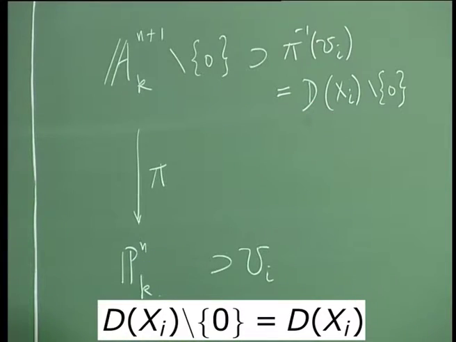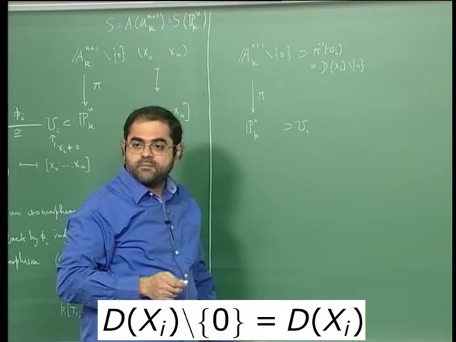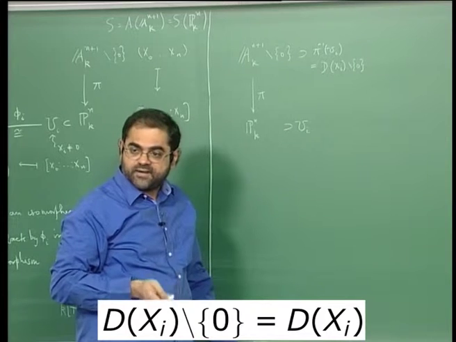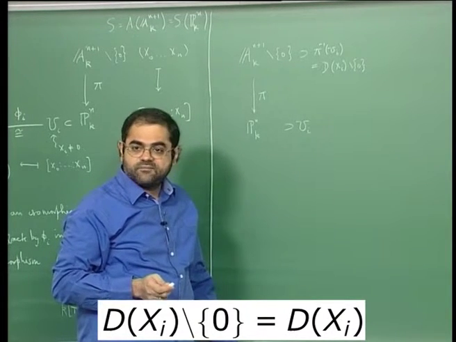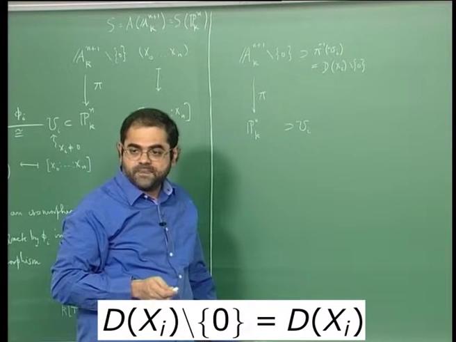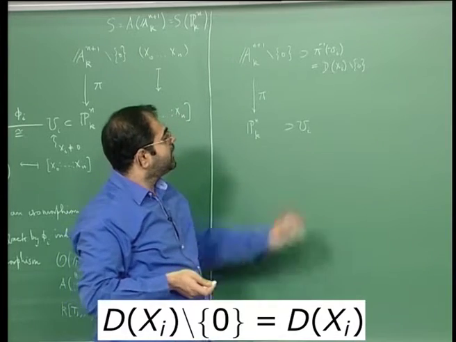D of f always denotes the locus where f does not vanish. It is the complement of Z of f, which is the locus where f vanishes, and we have already seen that D of f is itself isomorphic to an affine variety because of the Rabinowitsch trick.